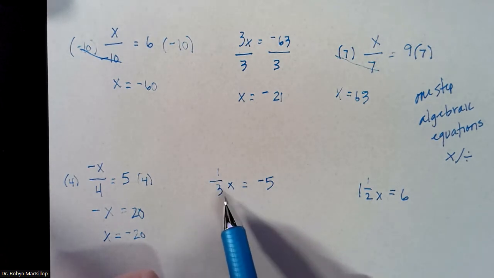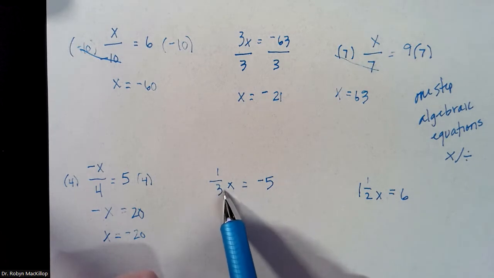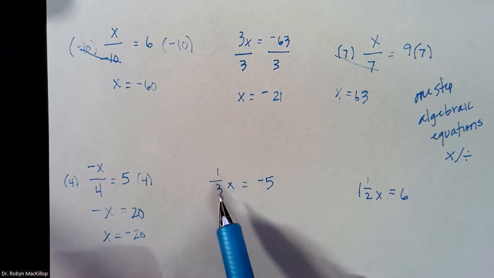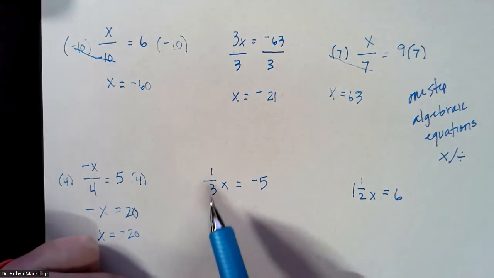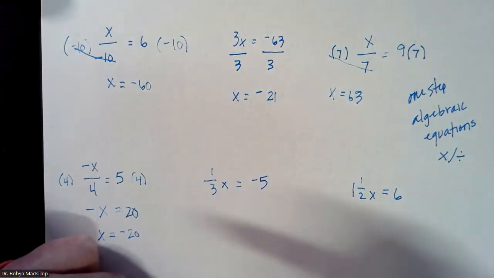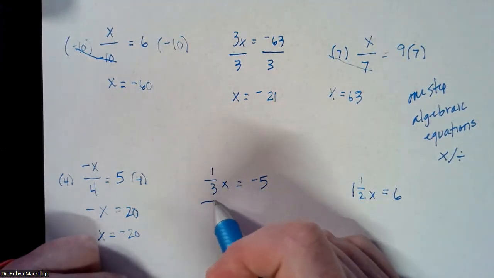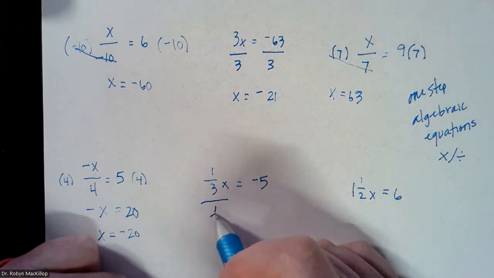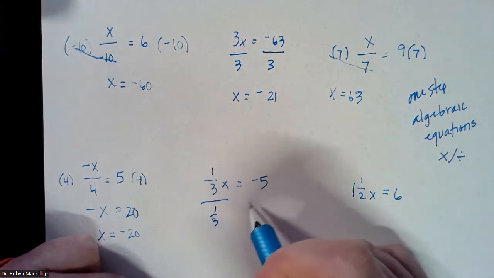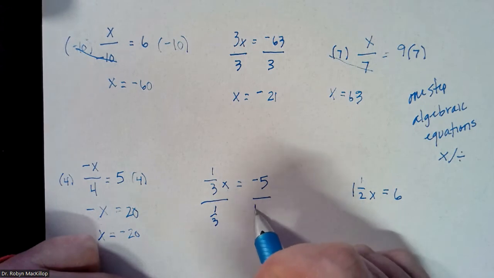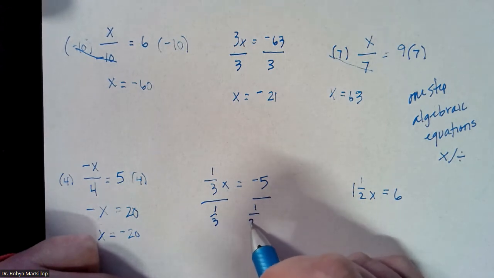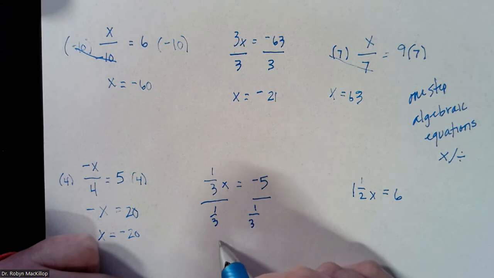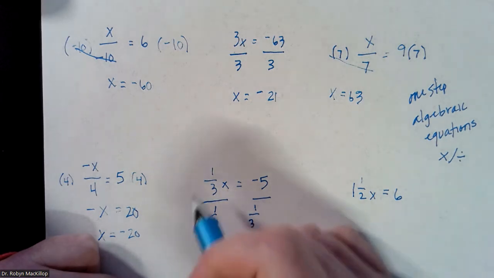It's a multiplication problem, 1/3 times x. So we need to use division, just like we did up here, to get rid of the 1/3. We're going to divide out 1/3 on this side, and we're going to divide out 1/3 on this side. That leaves us with x over here because those 1/3s cancel.